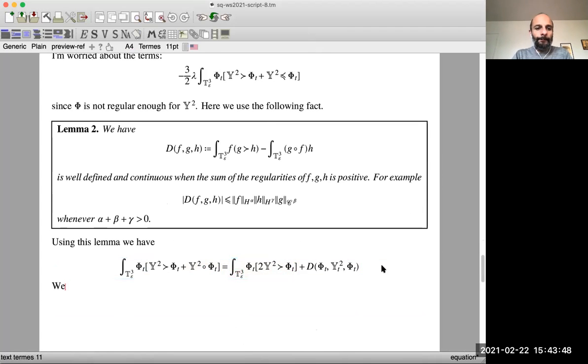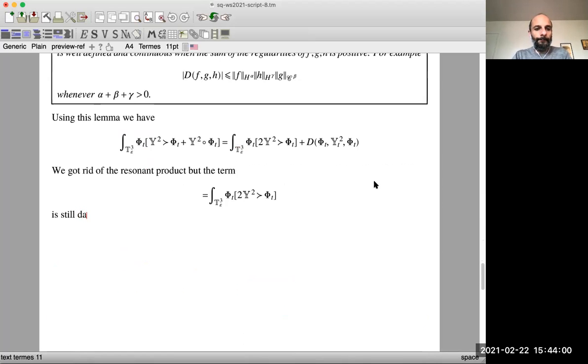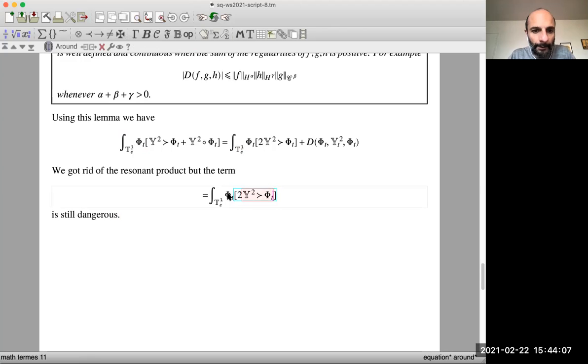We got rid of the resonant product, but the term is still dangerous. For the same reason: this paraproduct is fine, but you're not allowed to multiply phi with that, okay?